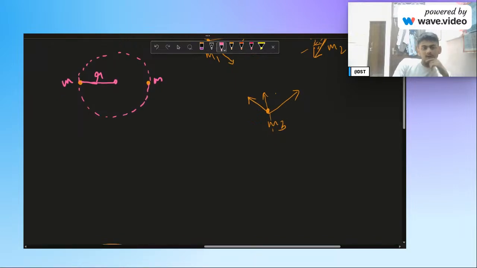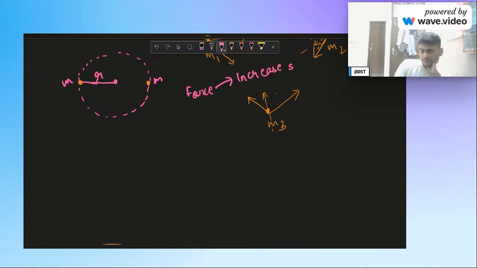So now, since the force can do two things, either increase the separation or change direction.